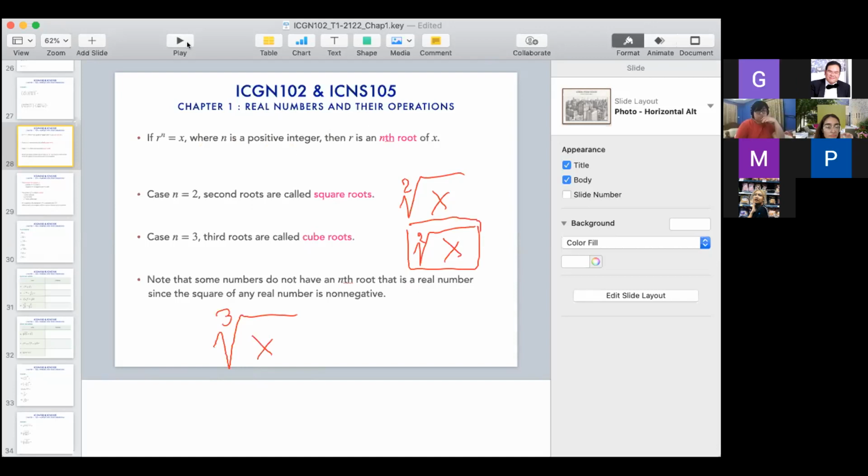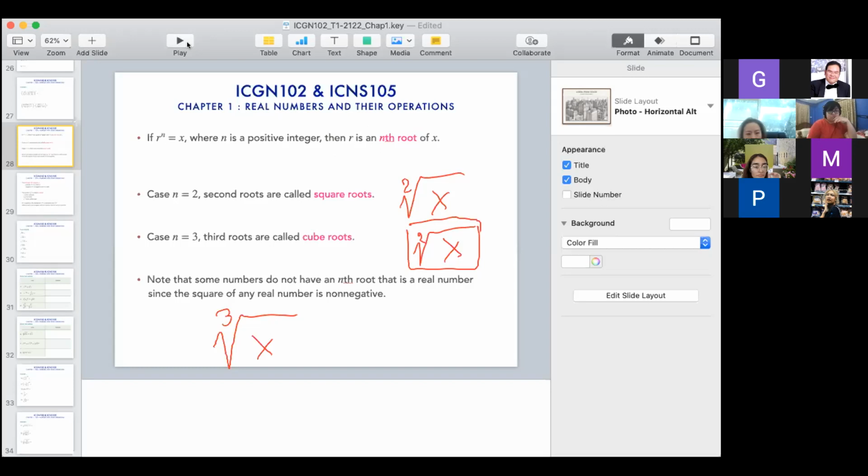Note that some numbers do not have an nth root that is a real number, since the square of any real number is non-negative. When we talk about the square root, the value of x must be non-negative only.